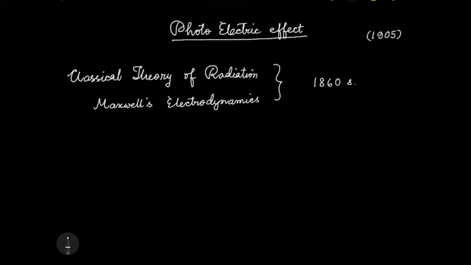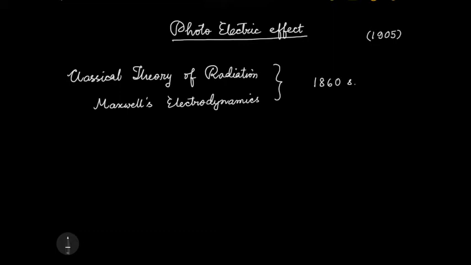First, we will start by discussing something which was newly observed, and then people did more experiments on what was observed. They found some interesting properties, and then people tried to explain them using the classical theory of radiation, which is what came in the 1860s, and it didn't work.